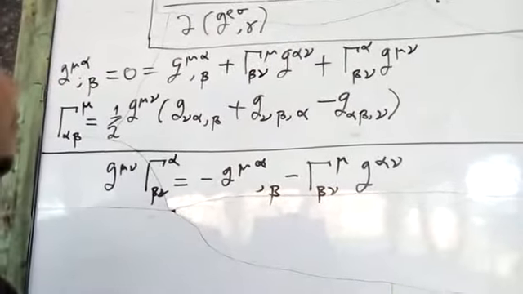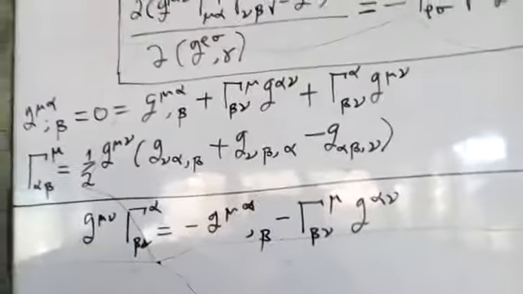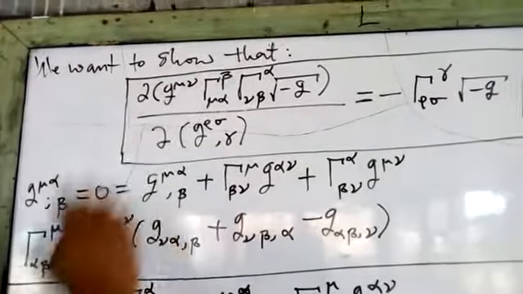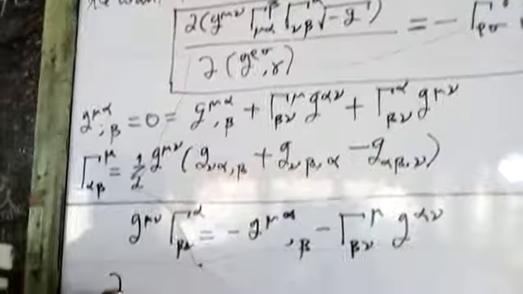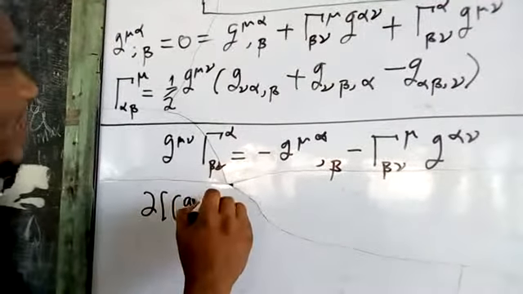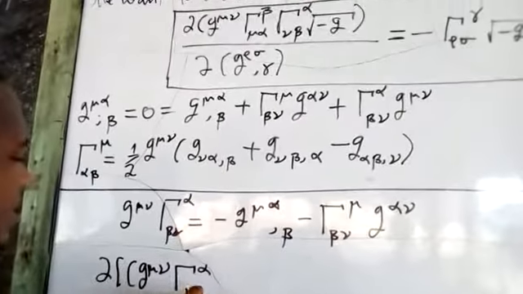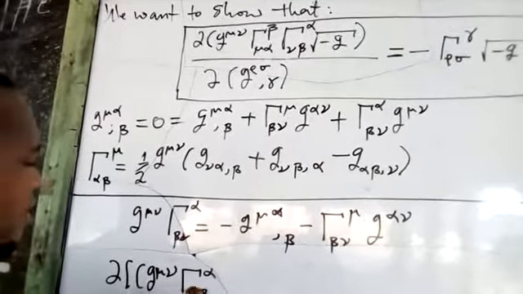That's what we'll get. Okay, let me write that in a way again that will make this a little bit more apparent. The left-hand side of this equation simply could be written as something like this: g mu nu, and then I can write the gamma alpha nu beta here at this point.